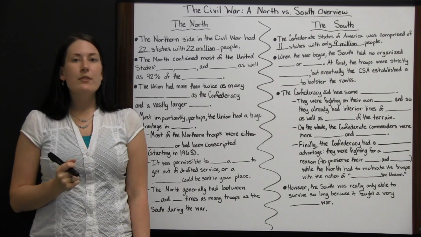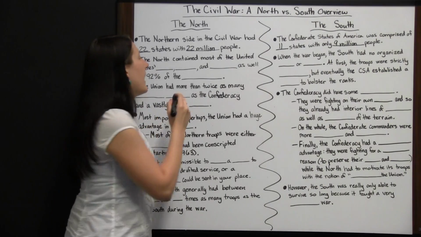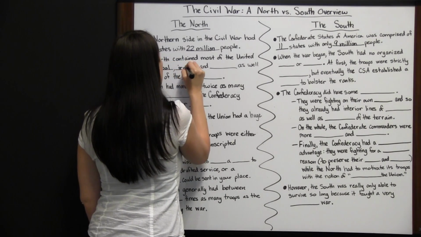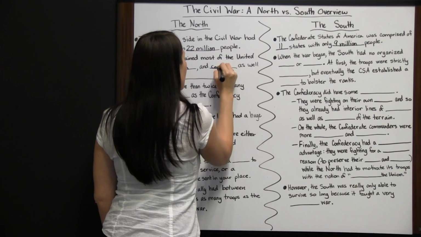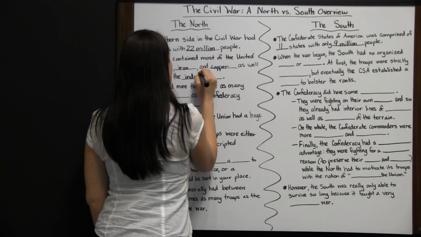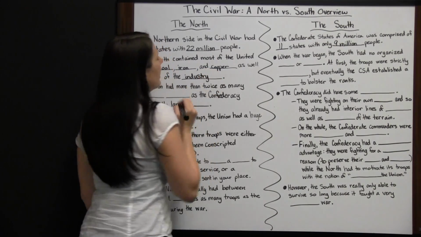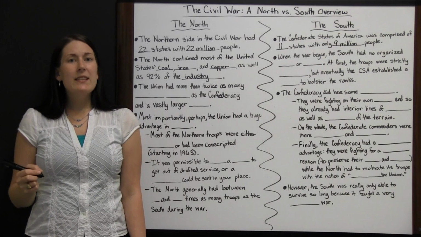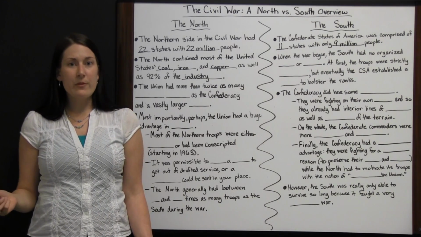The North contained most of the United States' coal, iron, and copper, as well as 92% of the industry. So as far as weapons were concerned, the South was basically stuck with what it had whenever the war began.